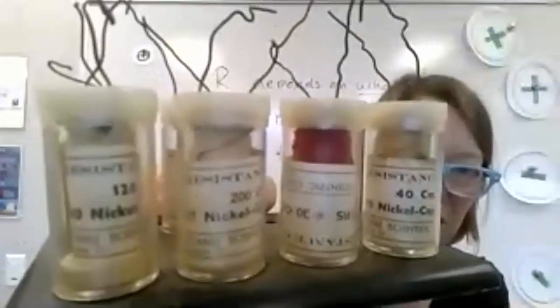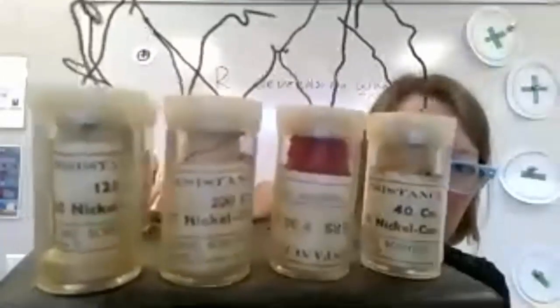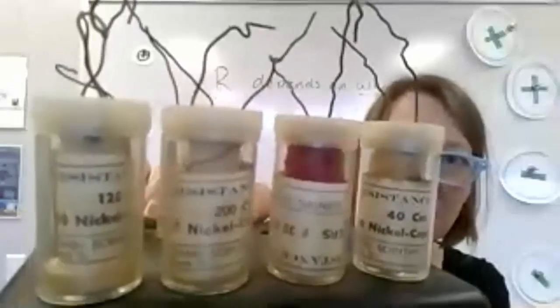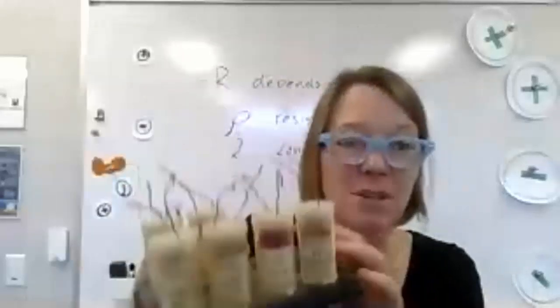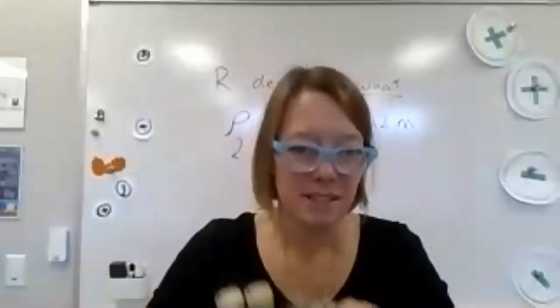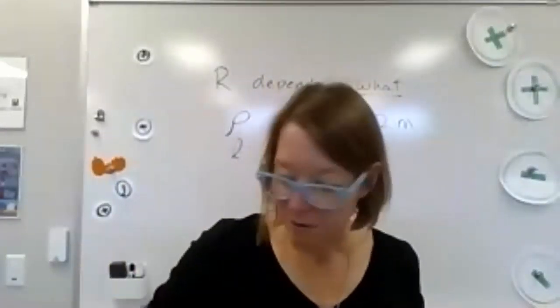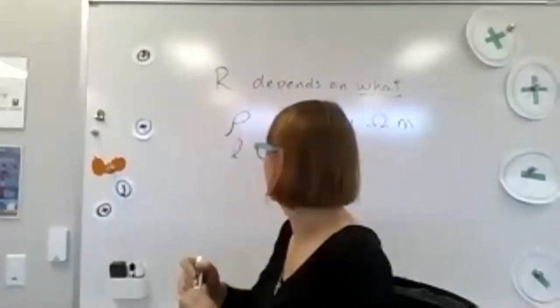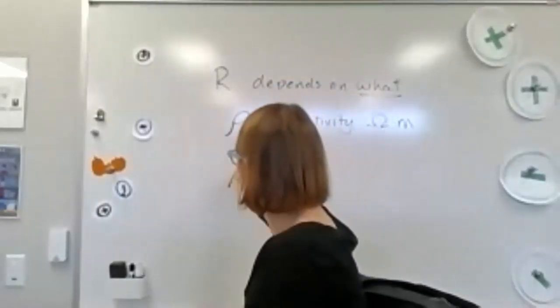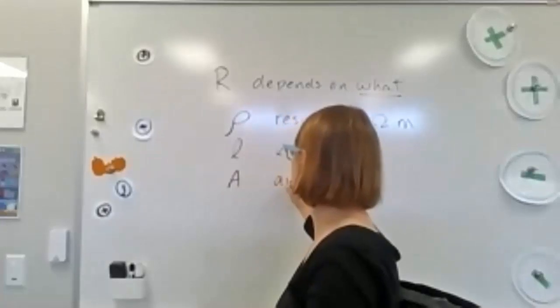These are called resistance coils, and they're basically just different lengths of wire made out of different stuff, and they're all different thicknesses. And so the resistance of these coils depends on what it's made out of, depends on the length, and the third thing that it depends on is the cross-sectional area.